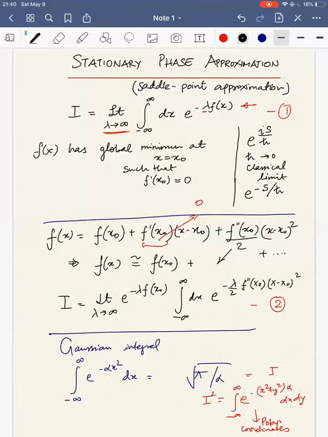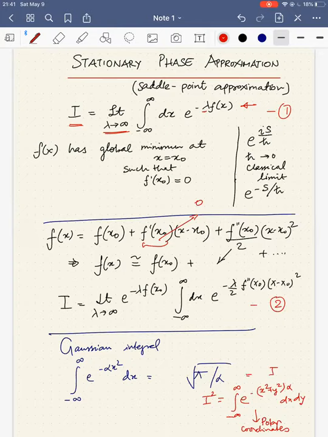Okay. So the basic idea is to evaluate the integral, which is up here, this I, in the limit of large lambda. Now this kind of integral is very often used in physics, because when we write path integrals they are of the form e to the power i S by h bar, where S is the action and h bar to 0 is the classical limit.